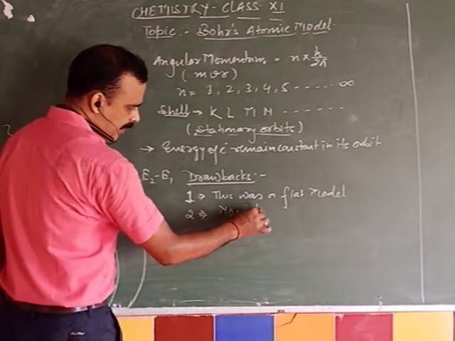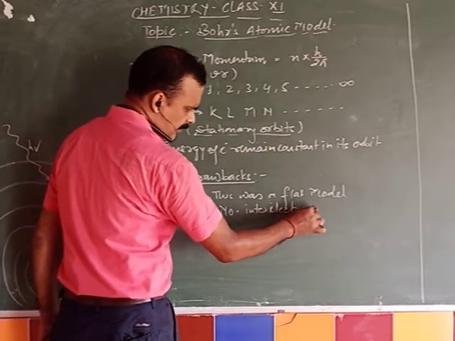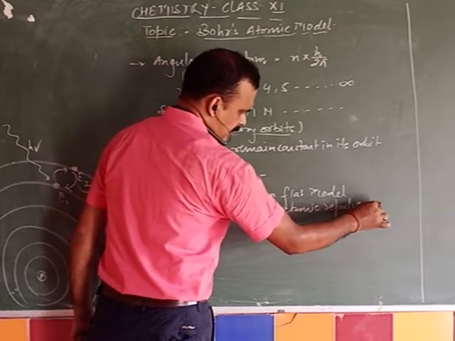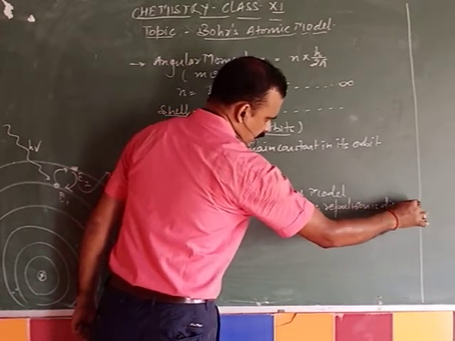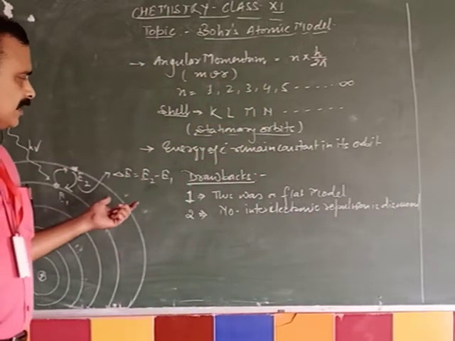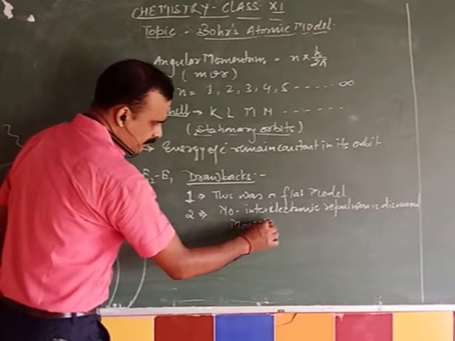no inter-electronic repulsion is discussed. Dear students, Bohr took the example of the hydrogen atom, which is a monoelectronic system.